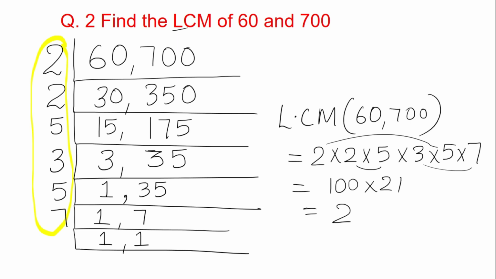Your final answer is 2100. 2100 is your LCM for 60 and 700. Practice more questions to be strong with this technique.